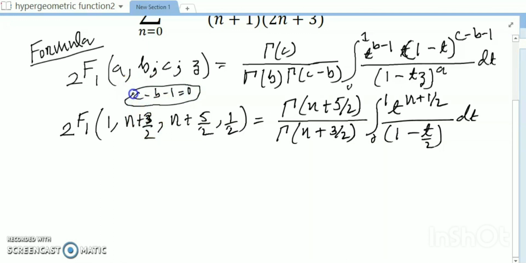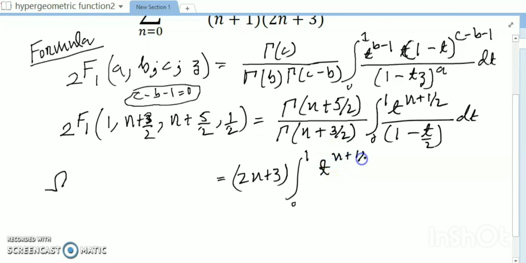Okay, let's start to solve this problem. So I can write this way: omega equals, another factor that I can write, 2n plus 3, times the integral from 0 to 1 of t to the power n plus half into 1 over (2 minus t), dt.